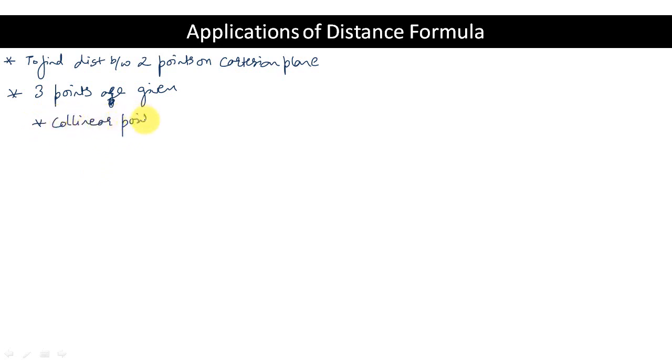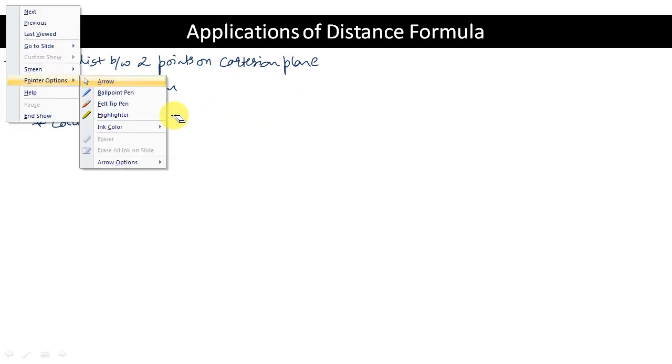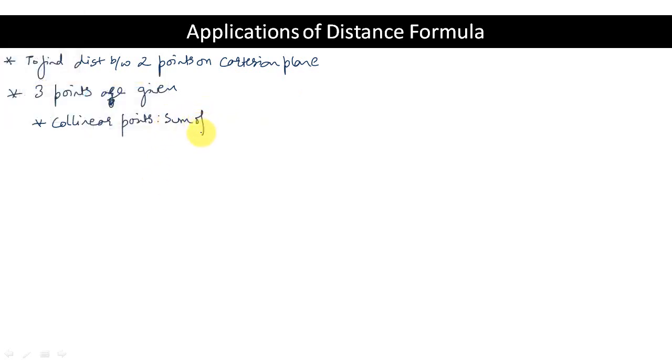for collinear points, the sum of the distances between any 2 points is equal to the third distance.